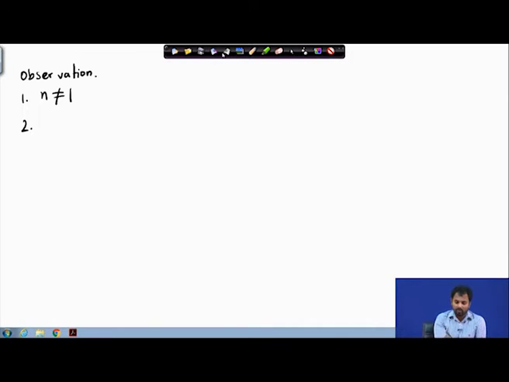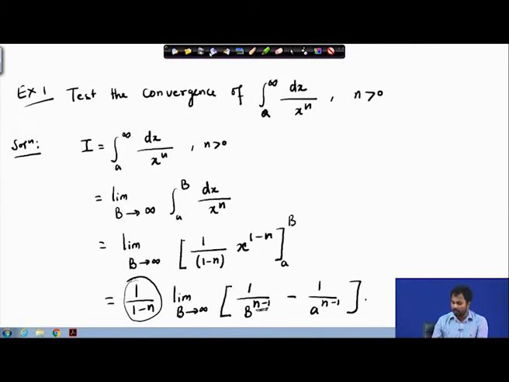So the second observation is, if n is less than 1, then the limit diverges to plus infinity.